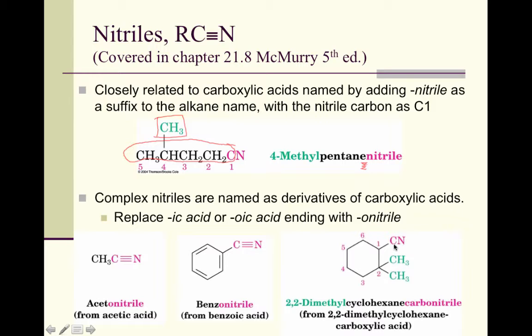If this CN group was actually a carboxylic acid group, its name would be 2,2-dimethylcyclohexanecarboxylic acid. To name it as a nitrile, we would remove the carboxylic acid portion of its name and add carbonitrile. So when our nitrile is on a ring, so when we have cyanide on a ring, the suffix becomes carbonitrile.